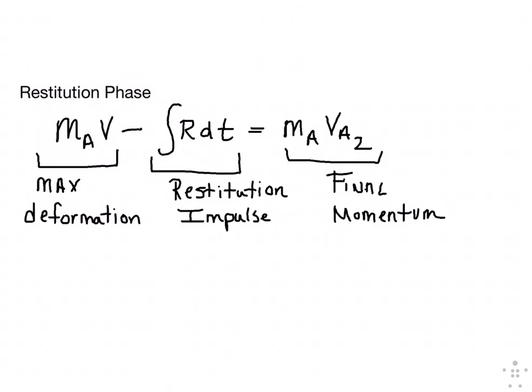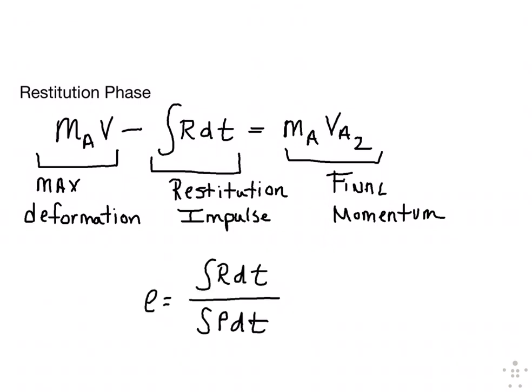So the initial momentum is the mass of A times the common velocity minus the restitution impulse. That's going to equal the final momentum, which is m_A v_A2. So now we don't have a common velocity, but each of the particles, since they've been broken apart, have their own velocity.